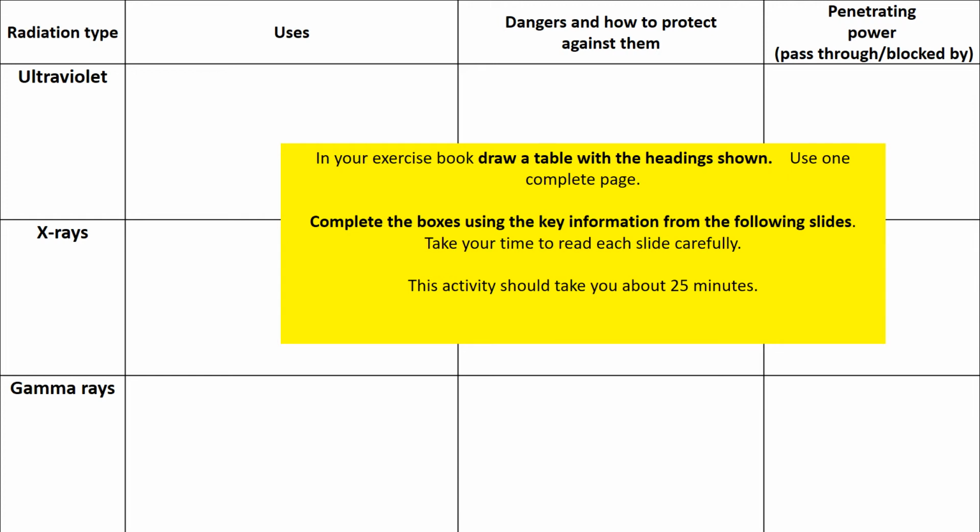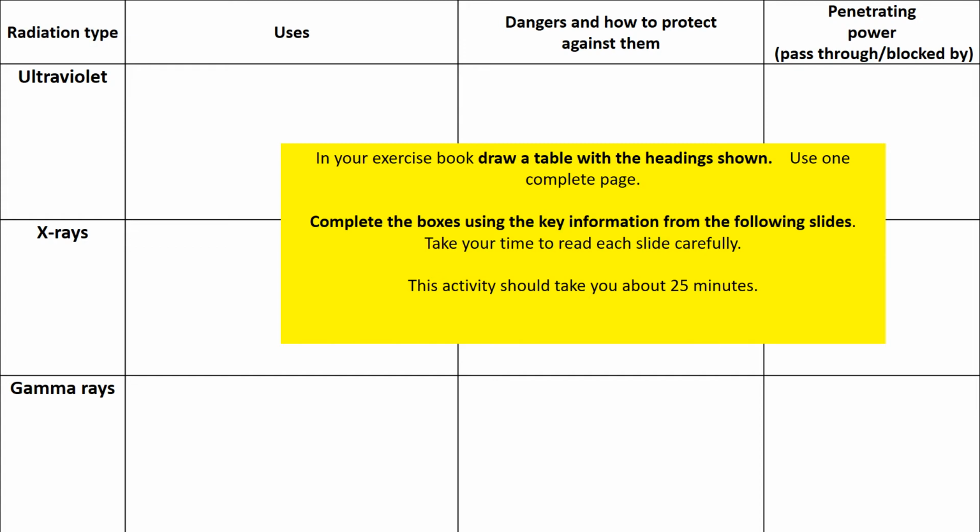So what I have done for this activity is I've saved in the shared area each of the slides so that you've got them. What you're going to do is extract that information from each of the 3 slides, and you're going to fill out the boxes. So you're going to take the slide for ultraviolet radiation and you're going to fill out the uses, the dangers and the penetrating power. You're then going to take the slide for X-rays and fill out again the uses, the dangers and the penetrating power.